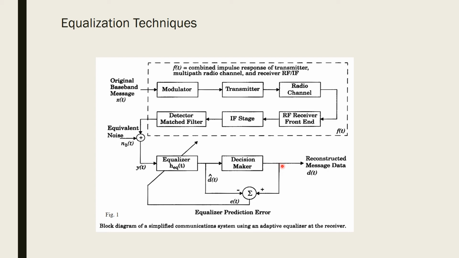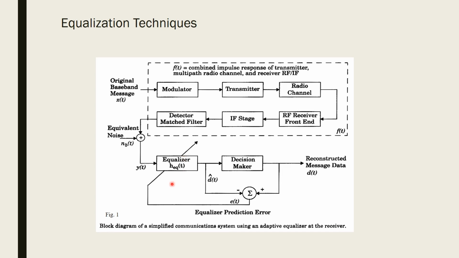Before feeding it to the decision making device, you have the estimated value of this received data. After decision making, you actually decide what it is with the help of the threshold. You just compare these two things and find the difference, which will produce the error signal. This is the predicted error, and this predicted error is fed to the equalizer.